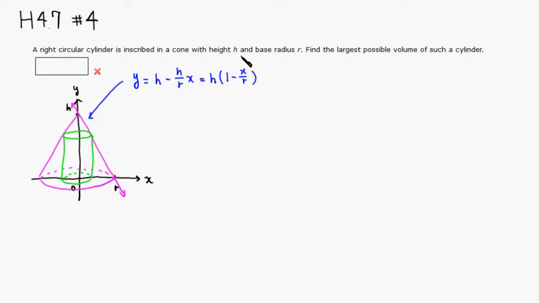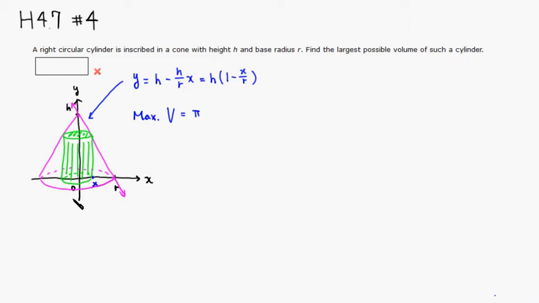Then the volume of this cylinder right here. So this is the cylinder right there. The volume V is what we want to maximize. It's the cross-sectional area, pi, and I'm going to use x here.